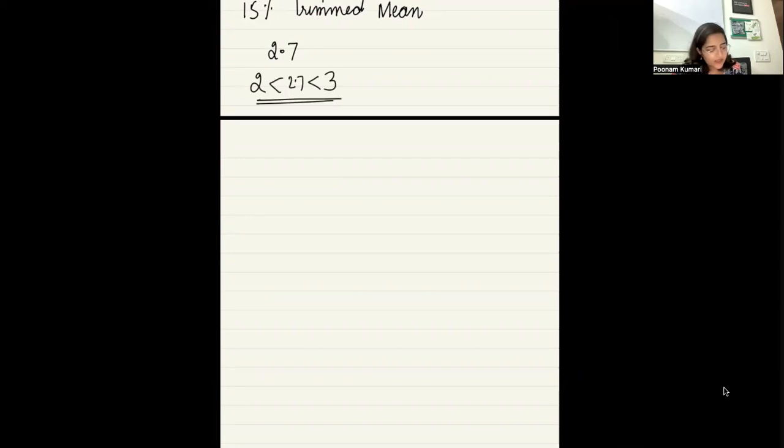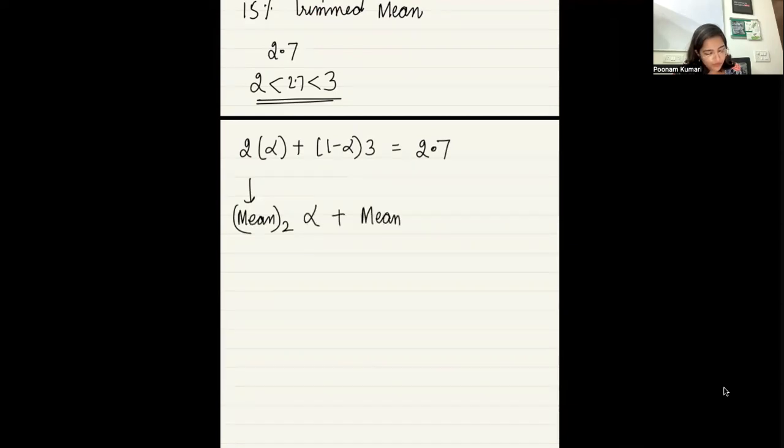So you have to find the alpha value which will bring 2 and 3 to 2.7. Then whatever trimmed mean you get by removing 2, multiply by alpha, plus the trimmed mean you get when removing 3 observations from both sides, multiplied by 1 minus alpha. Whatever that number is, that will be your whatever percent trimmed mean. Is that okay?